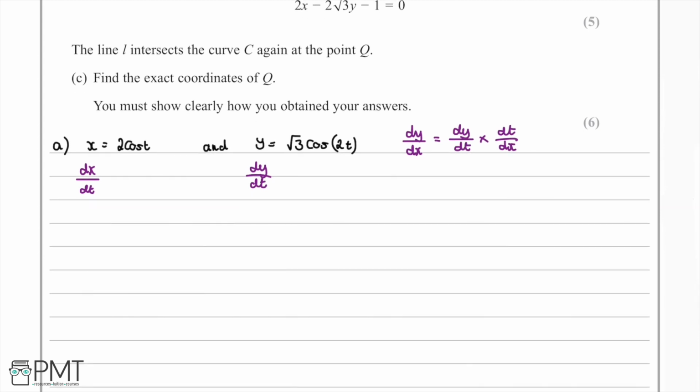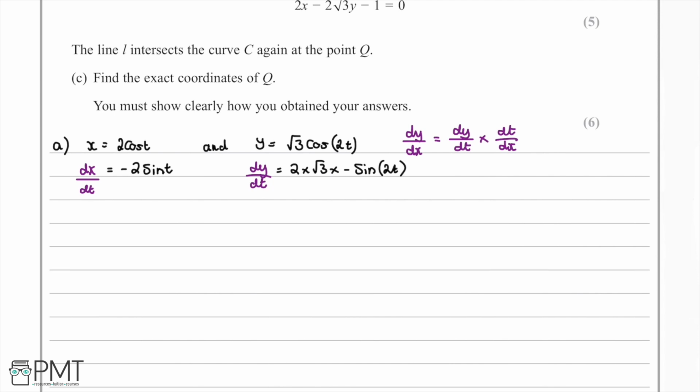So dx by dt is going to be equal to negative 2 sine t, because when we differentiate cos t, it goes to negative sine t. And then our dy by dt is going to be equal to 2 multiplied by root 3 multiplied by negative sine 2t.